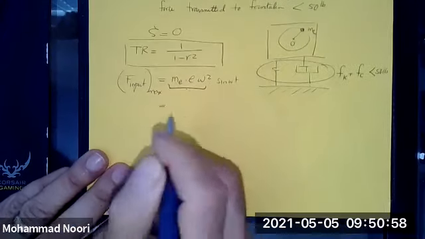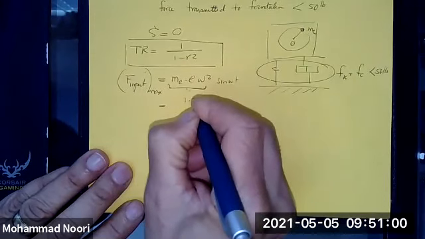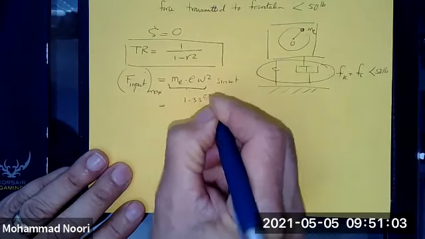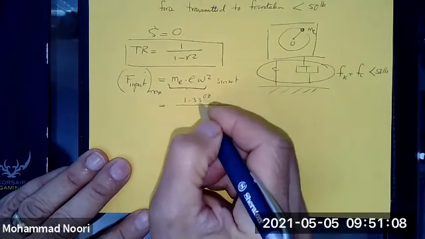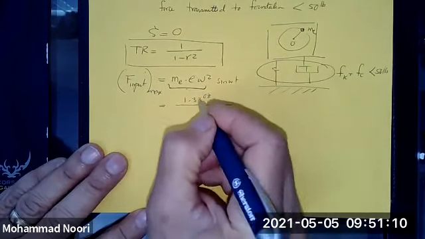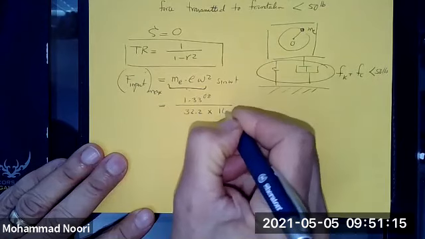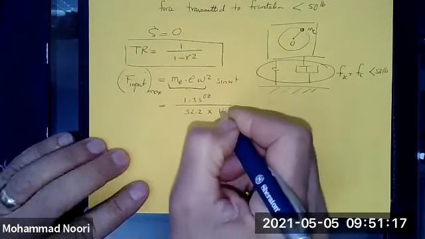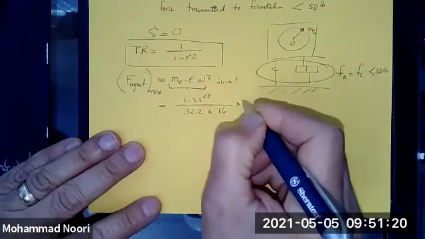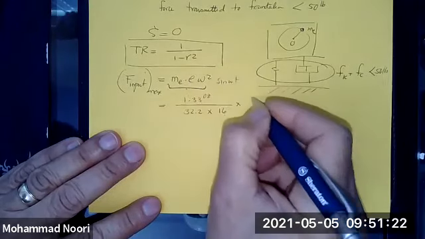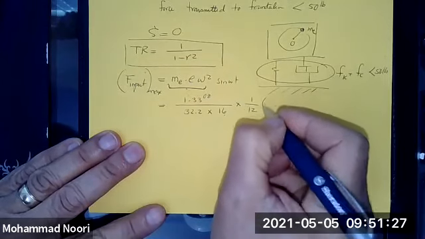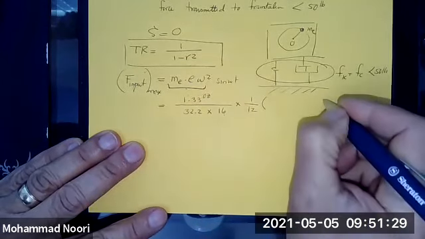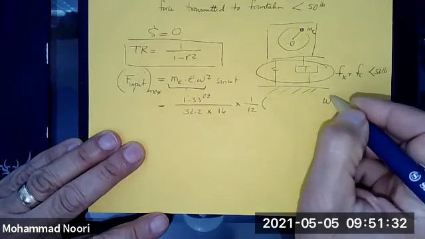So let's evaluate that. That would be 1.33 ounce. This is actually the weight, not mass, so we divide by g, and we need to divide by 16 to make it pounds, times 1 inch, which is 1/12 of a foot, times omega squared.